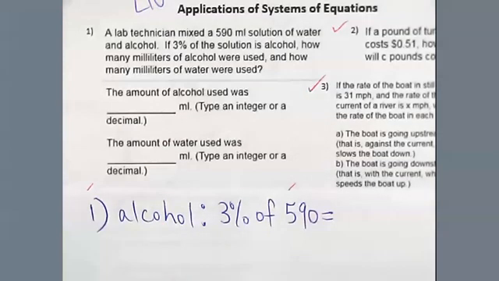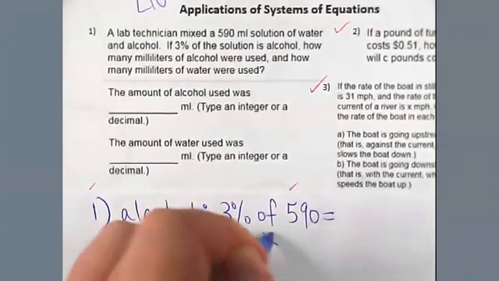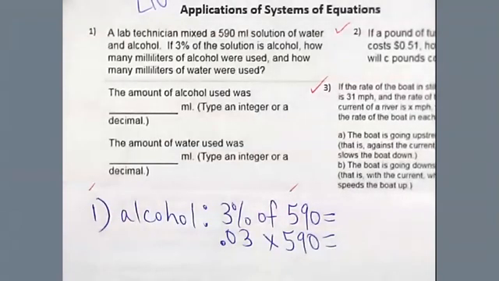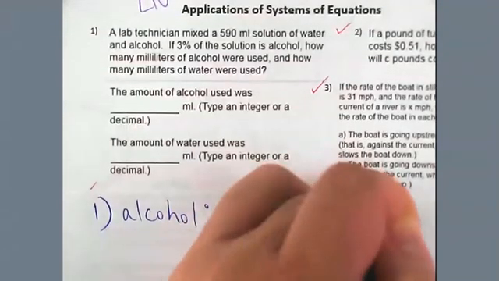That's like our sales tax. I know I'm making the sales tax 7%, and that's the same thing as 7 cents on the dollar. So 3% is the same thing as 0.03. So the amount of alcohol used is 17.7 milliliters.